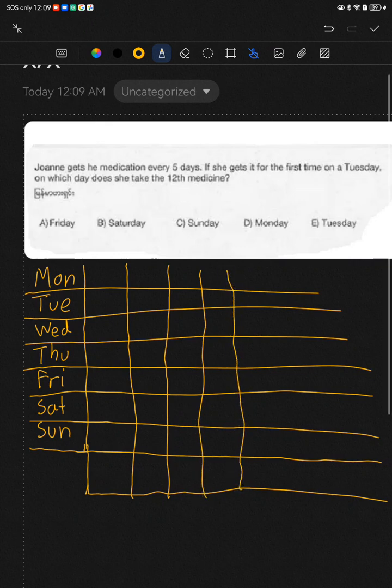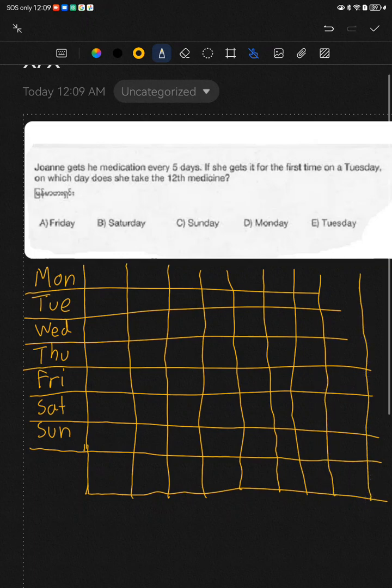I did it up to the 8th day. 5th day, 6th day, 7th day, and then finally the 8th day. Please don't judge my line control. It's pretty bad in here. Starting from the first day.